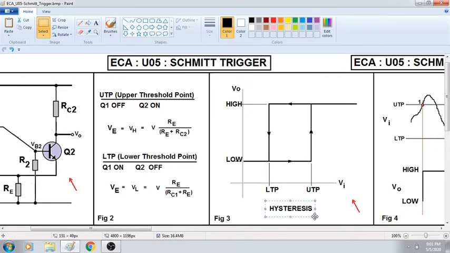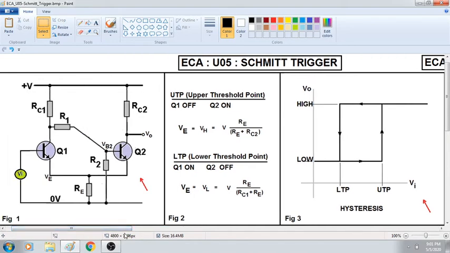Now we know this phenomenon of hysteresis occurs in many different systems, but I would like to tell you a very simple example where any system that has a hysteresis will behave in such a way that it will remember the past. It will remember the past, and the past will decide what is the present course of action.